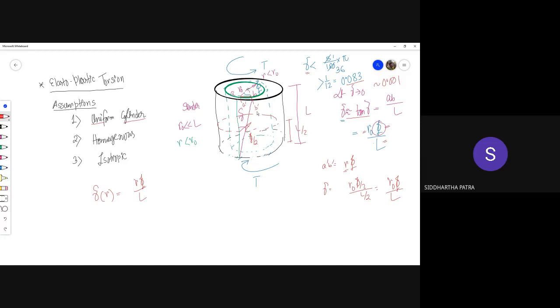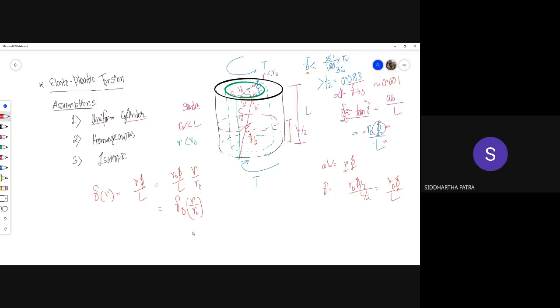You see the length is still the same, L. So that quantity is R0 phi by L times r by R0, or in other words, let's call this gamma 0, the maximum shear strain, which is at the circumference when I'm talking in terms of the cross section. At any internal radius, it is simply this ratio.